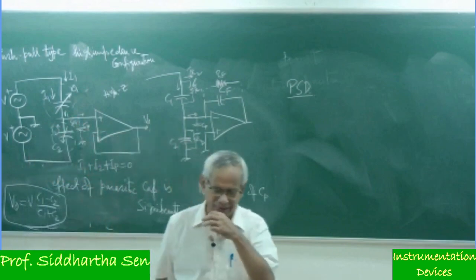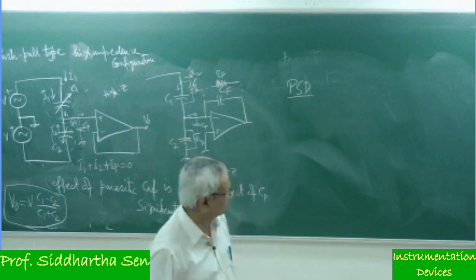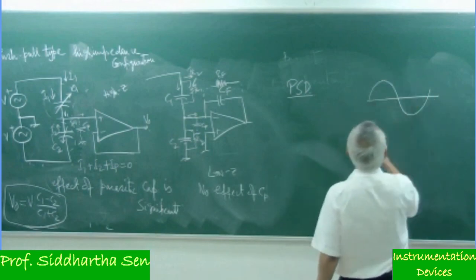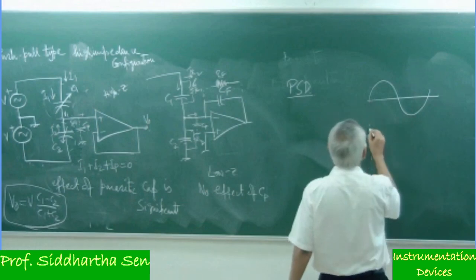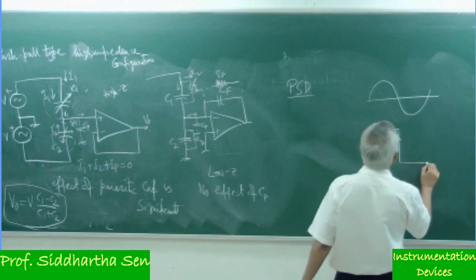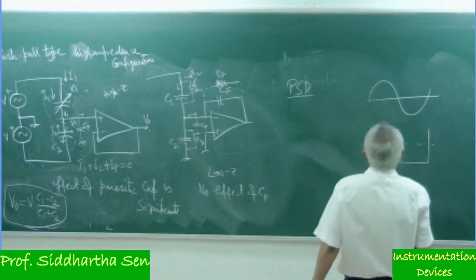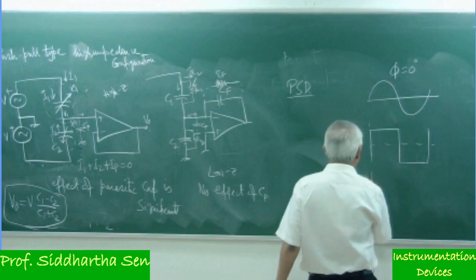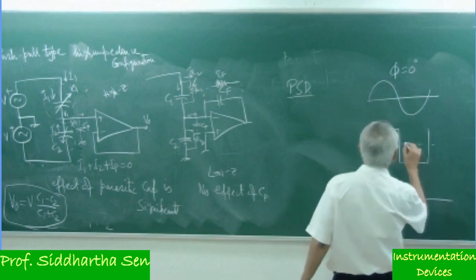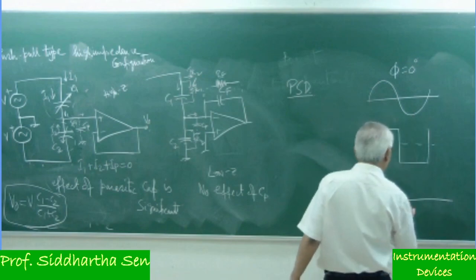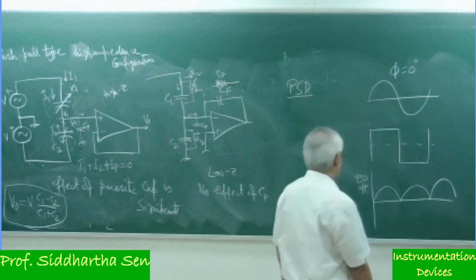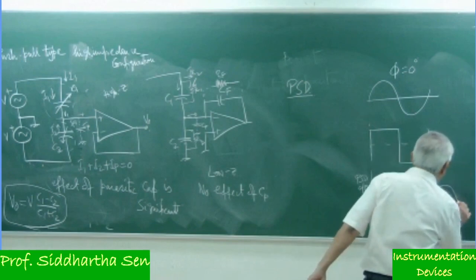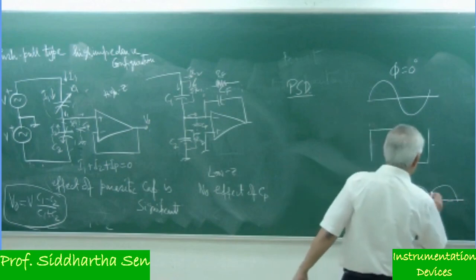And we know that if we pass this through a phase sensitive detector, say suppose this is your reference, with phi equal to 0 degree, the PSD output due to the capacitance component would have a DC value.